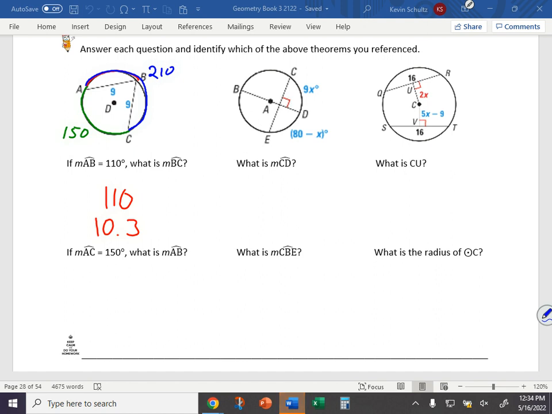Going one step further, we know that B is the midpoint of that arc, because if we have those congruent chords, that means these two pieces are congruent. And so if the whole thing, ABC, is 210, we're dividing that into two congruent segments. 210 divided by 2 would be 105, as Blake said.